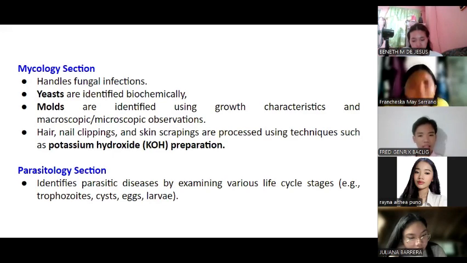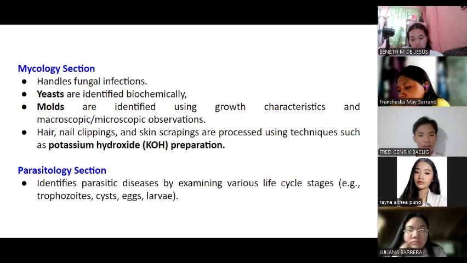The technique for this section is that the fungi are cultured and identified using microscopic examination and biochemical tests. Yeast, like Candida species, are identified through biochemical assays, while molds are identified by their growth characteristics and microscopic appearance. So hair, nail clippings, and skin scrapings are processed using techniques such as the potassium hydroxide preparation.